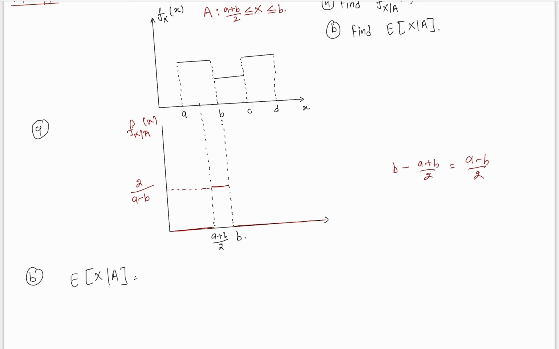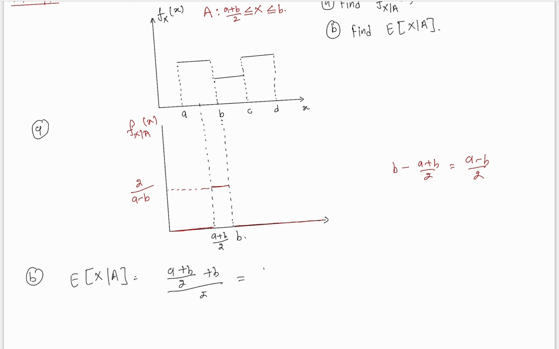Again, if you look, this PDF is a uniform PDF. What will be the expectation of a uniform PDF? It would be at the midpoint. So what will be the midpoint? The midpoint will be (a plus b) divided by 2 plus b, all divided by 2.